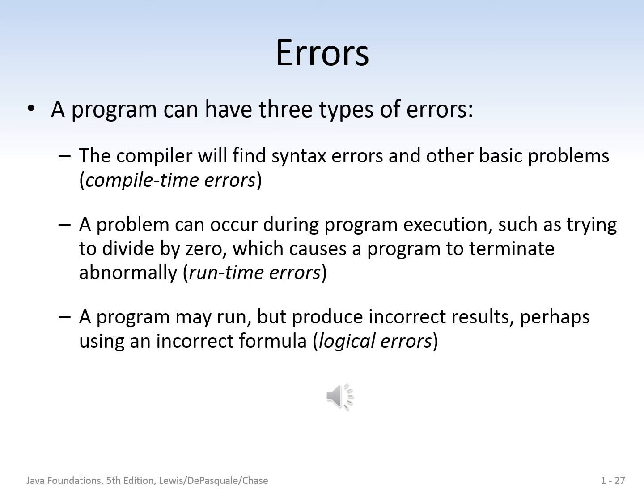There are three types of errors. A compiler or a smart editor will find syntax and other basic problems, which are referred to as compile time errors. Runtime errors are typically program errors that are encountered as a result of input that's not been validated, such as a divide by zero error. And a program may run but produce results that look correct but are incorrect.